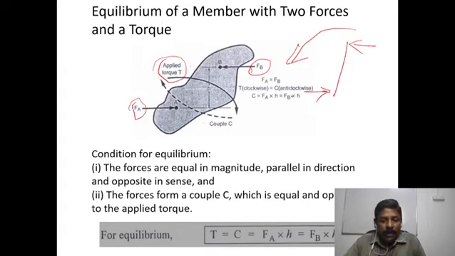So the equation is torque T is equal to couple C, where couple is equal to force into perpendicular distance, that is Fa into H or Fb into H. Because these two forces must be equal, we can take any one force and the perpendicular distance H. So we can bring it to the equilibrium condition.